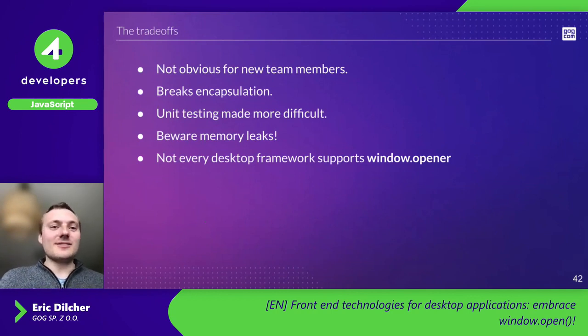This environment does not have that parent-child window relationship. So you have to do some hacks. You have to be creative with changing your app so that it is able to be tested in a unit test way, meaning in isolation. So you have to mock all of the dependencies that are from the main window. And you have to make sure that you don't try to access window.opener, because immediately during test bootstrap, you're going to get an error.